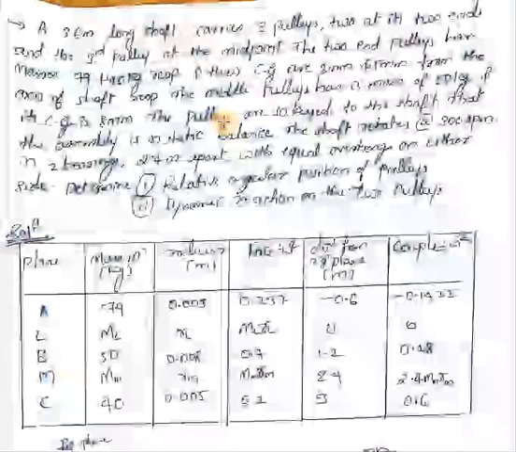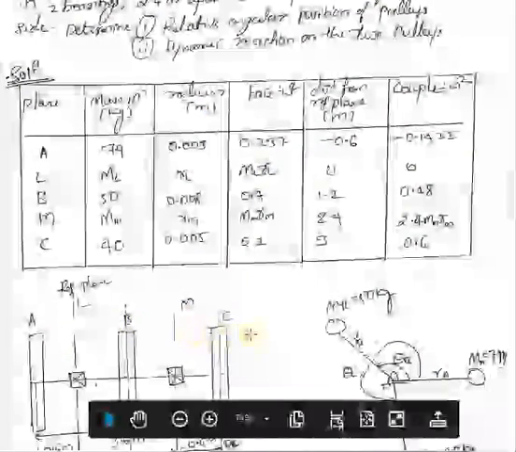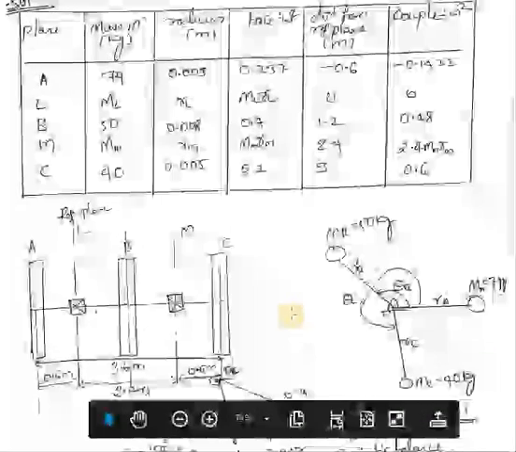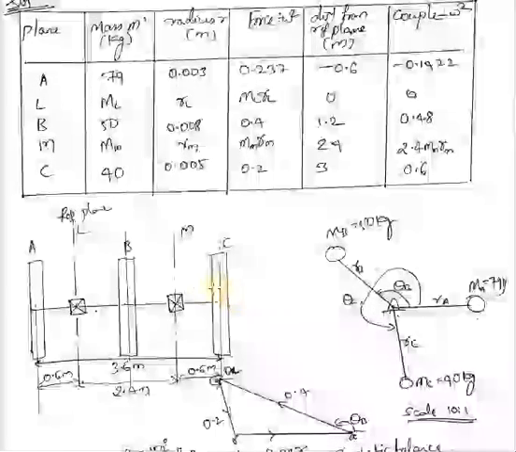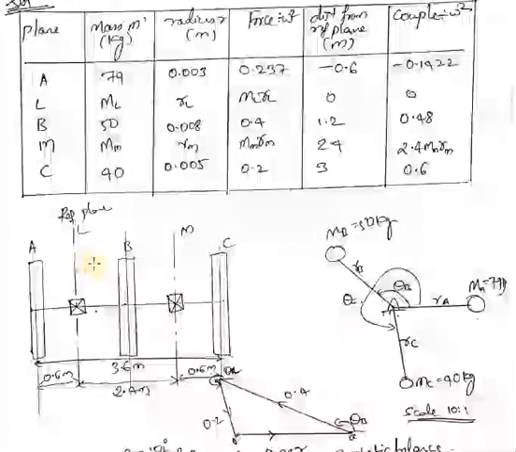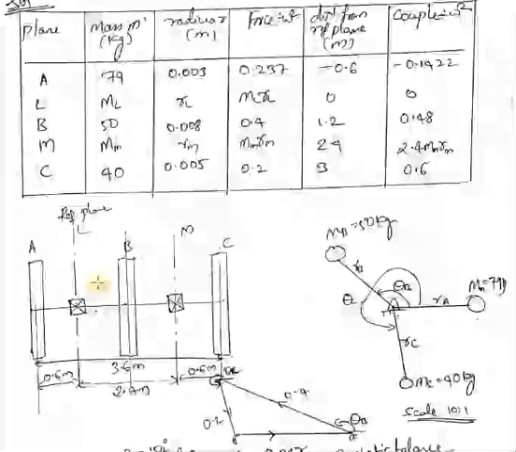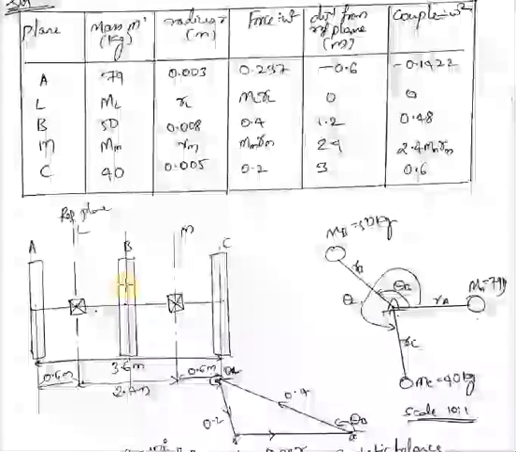Before starting with the solution, first you need to draw this line diagram and this space diagram. So in the given data, he has given that shaft is carrying 3 pulleys. Let us name those pulleys as A, B, C, and he has given their masses and their CG, that is radius of rotation.